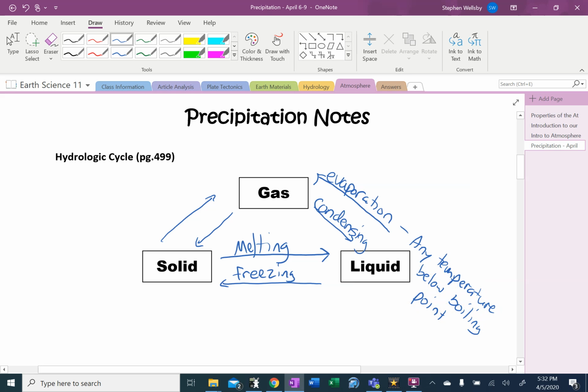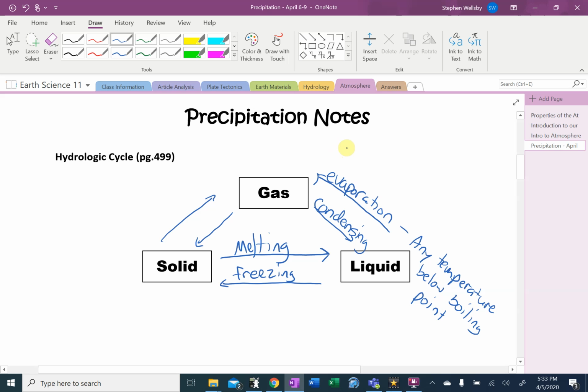So for example, if you have a puddle on the ground and you were to watch it slowly evaporating, it would eventually evaporate. Or you could just come back the next day and see that that puddle has gotten smaller and smaller. So that's evaporation. It's when the liquid on the surface can leave the surface and go up into the atmosphere as water vapor. It doesn't have to be boiling temperature in order to evaporate. It can happen at any temperature.